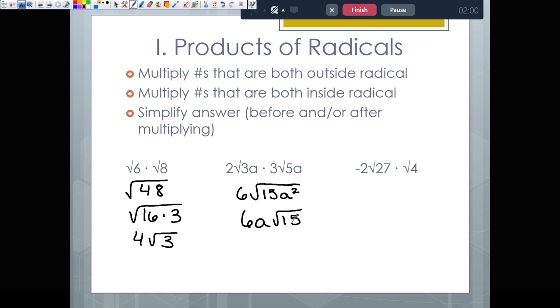Alright, so this one, we can either find the square root of 4 first, or I can multiply first. I'm going to multiply first just in case I make any mistakes, okay? That's really up to you. So I'm going to have negative 2 on the outside, and then what's 27 times 4? 108. Okay, now I need to break apart 108.